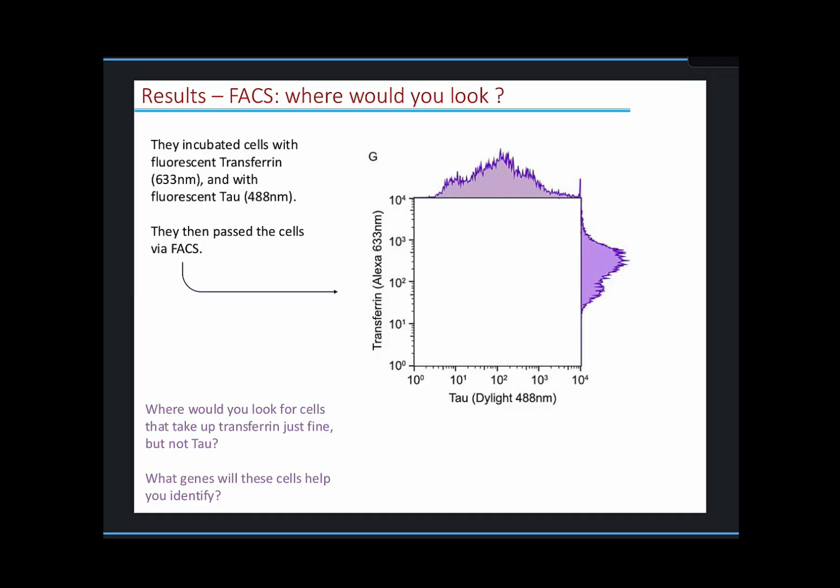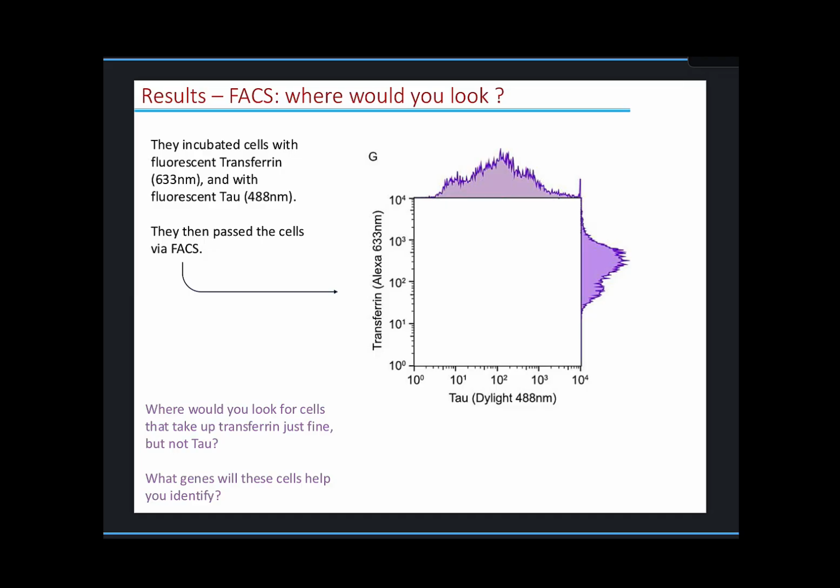They incubated their iPSs that have Cas9 already with a library of lentiviruses containing different guide RNAs, hoping that not all cells would be infected, and the few cells that are infected by only one of these viruses, meaning they would cause one mutation in some of the cells, and then they would probe these cells or query them for their ability to uptake tau by co-incubating them with red transferrin and green tau.